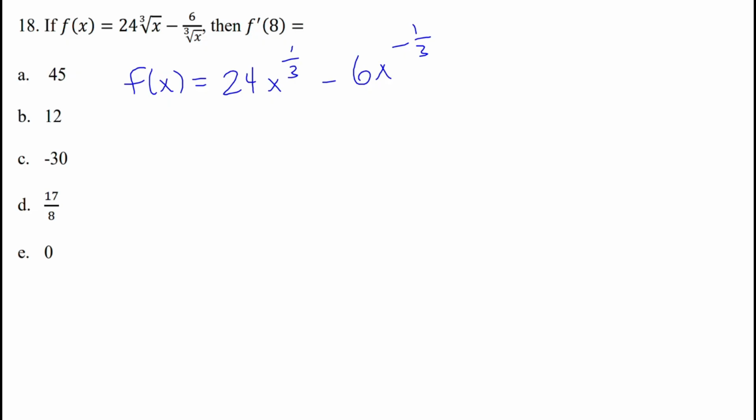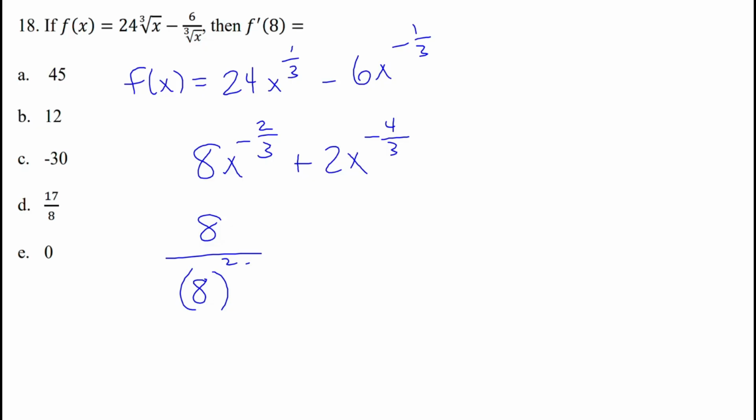So the derivative should then be, with power rule, 8x to the negative 2/3, and then plus 2x to the negative 4/3. Well, that'll be 8 over x to the 2/3, plus 2 over x to the 4/3, where our x is 8. So 8 over 8 to the 2/3, and then plus 2 over 8 to the 4/3.